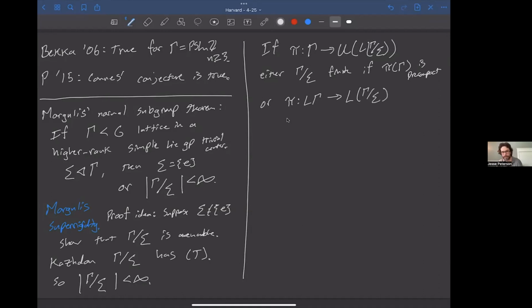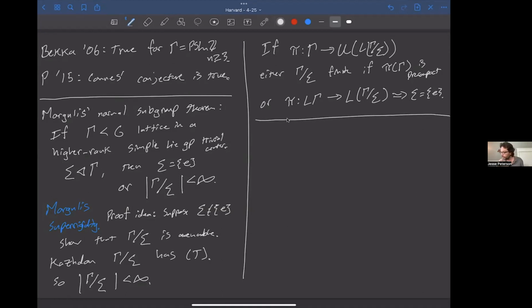But then, of course, we have to have sigma trivial. So operator algebraic superrigidity actually implies Margulis's normal subgroup theorem. And so the idea around proving operator algebraic superrigidity is to use ideas in Margulis's normal subgroup theorem.